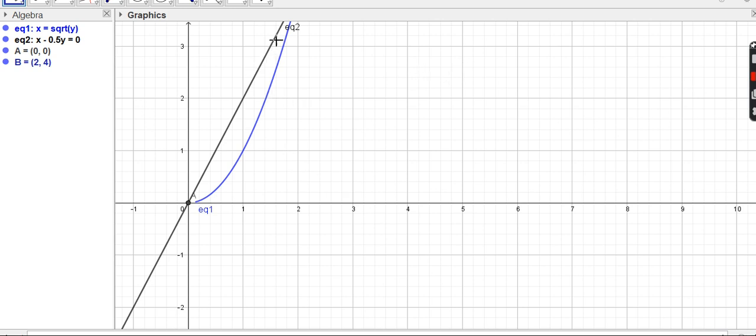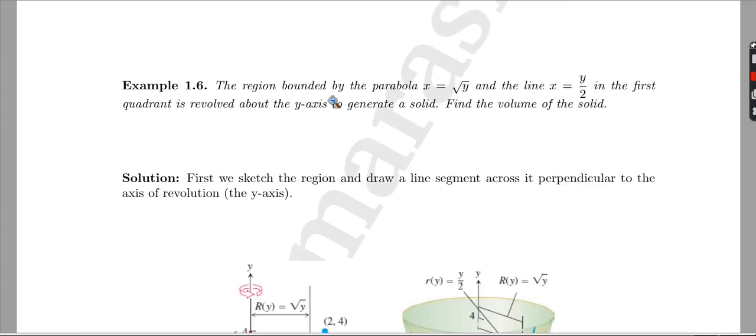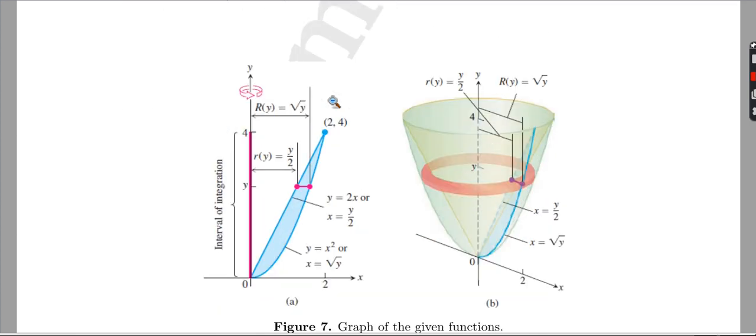So the region is bounded by the parabola, the half parabola sa kaliwa, and this line, and this axis of revolution is at the y-axis. Okay, so ito yung ating region, and then when the region revolves about the y-axis, ang itsura ng ating graph is like a shot glass.